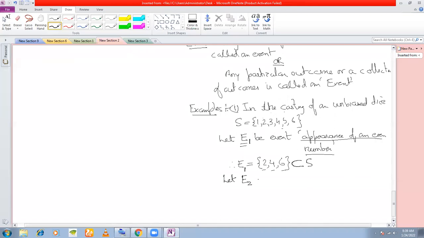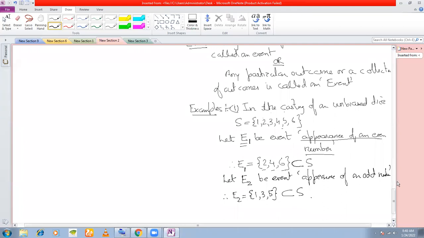Let us define E2 as the event appearance of an odd number. Then what will be your E2? 1, 3, and 5, which is again a subset of the sample space. So each event that you get is a subset of the sample space.